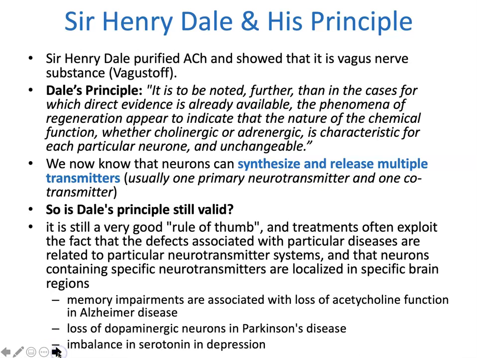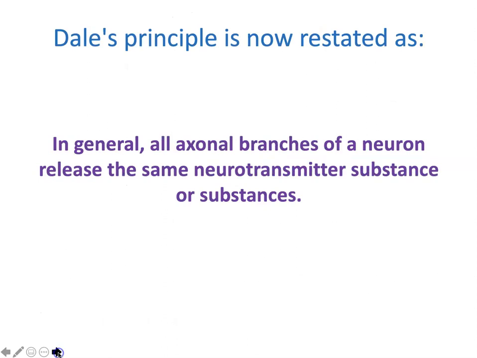So here are some other examples that I have. In general, I would restate, this is Dr. Acosta's statement, that Dale's principle is, in general, all axonal branches of a neuron release the same neurotransmitter substance or substances, but I wouldn't say that would be the only one they release.